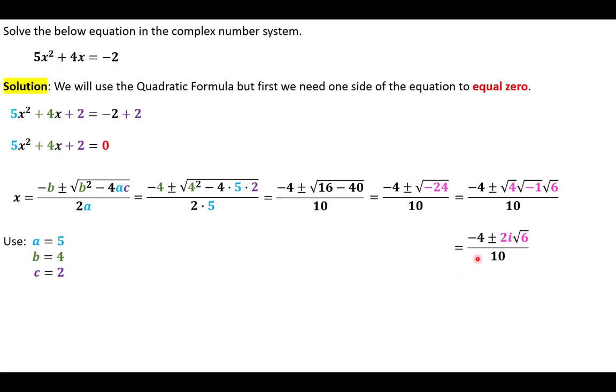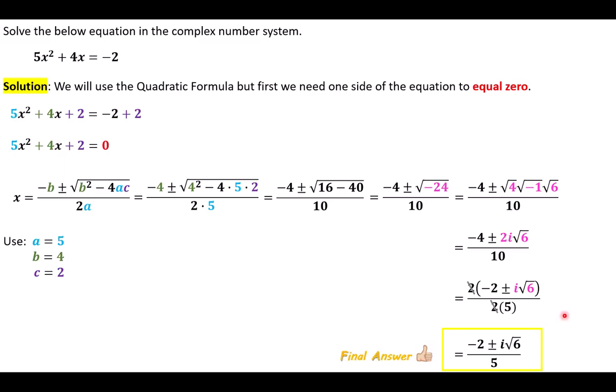We simplify a fraction by finding common factors and dividing out those factors. We need to recognize that we can cancel a 2. We can do that because 5 times 2 is 10, and from the numerator we can factor out a 2. So these 2's cancel and we get our final answer.